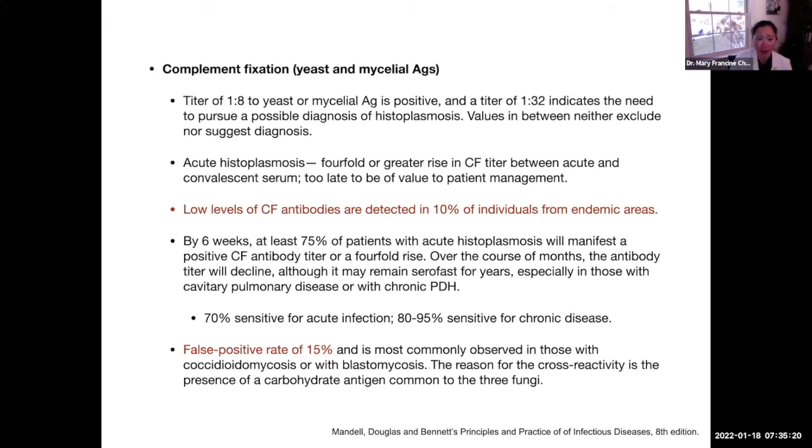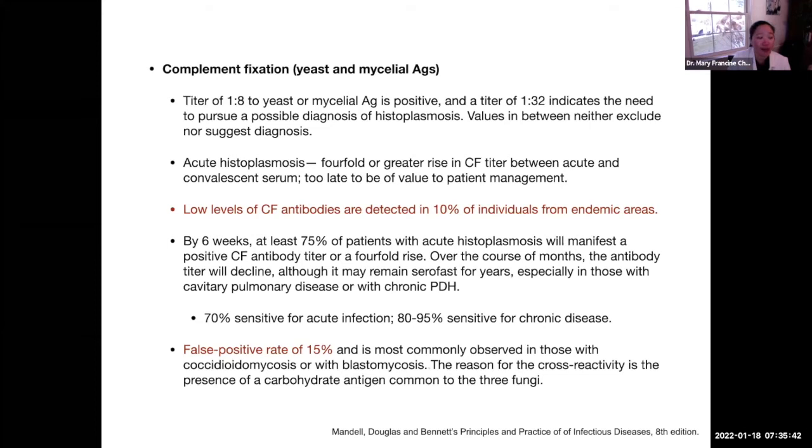A drawback to complement fixation is that I practice in an area here in central Illinois where we are endemic for Histoplasma. And so low levels of CF antibodies can actually be detected in 10% of individuals from endemic areas.